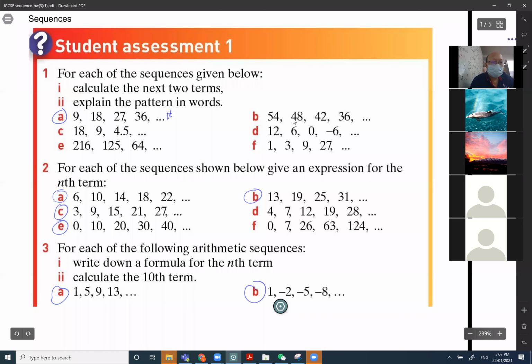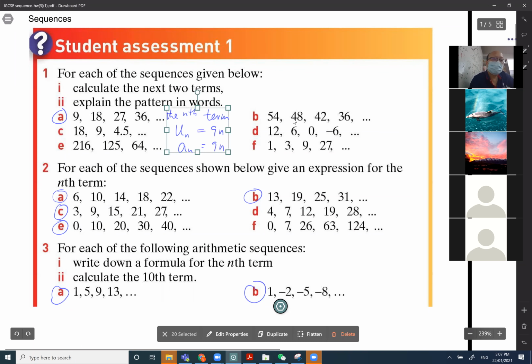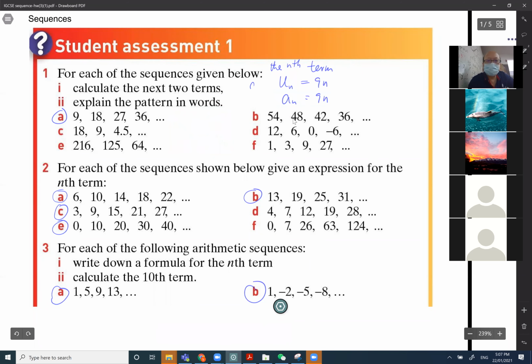The nth term, if we say symbol, you can write un or an equals 9n. That's for part A. Un or an depends on what symbol a teacher prefers.